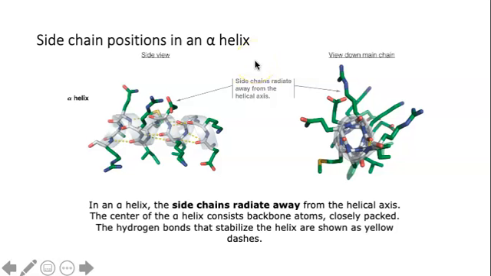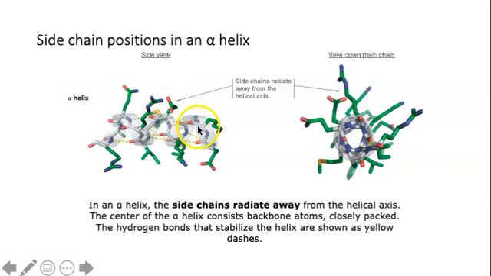In an alpha helix, which is encountered in many different types of proteins, this is showing what that form looks like if we look down the center. If you look at the center of the alpha helix, you don't really have any atoms in this central space. Instead, you have the side chains all tightly packed and circling around, and then the side chains stick out into the visible surface, and these side chains are free to interact with other regions of the protein, or potentially, if it's in a solvent-exposed region, with molecules of water or salts.